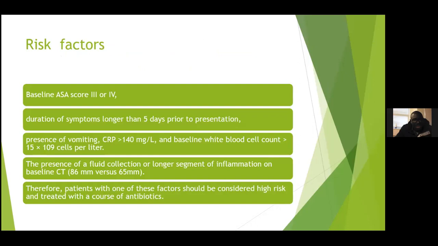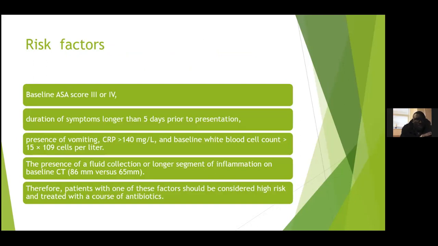There are risk factors that will predispose one to progressing to severe or complicated diverticulitis. So for those who have an ASA score of 3 or 4, which is either severe non-incapacitating disease or incapacitating disease, these persons are at high risk of progressing to a more complicated one.